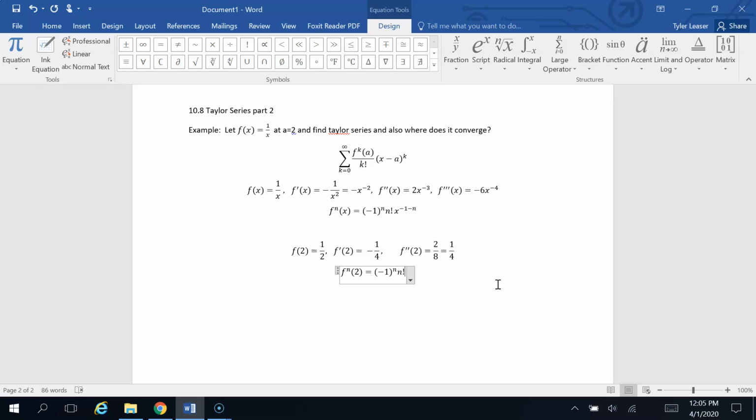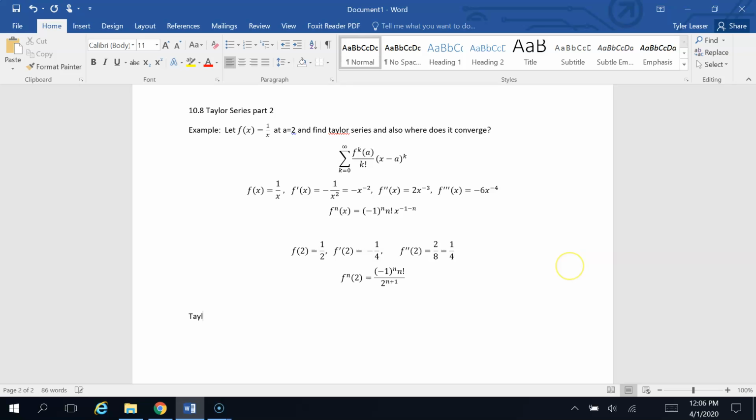And then I'll go ahead and divide here, but we're going to be dividing by 2, and if I'm putting that in the denominator, that's going to make that exponent positive, so it's going to be 2 to the n plus 1.